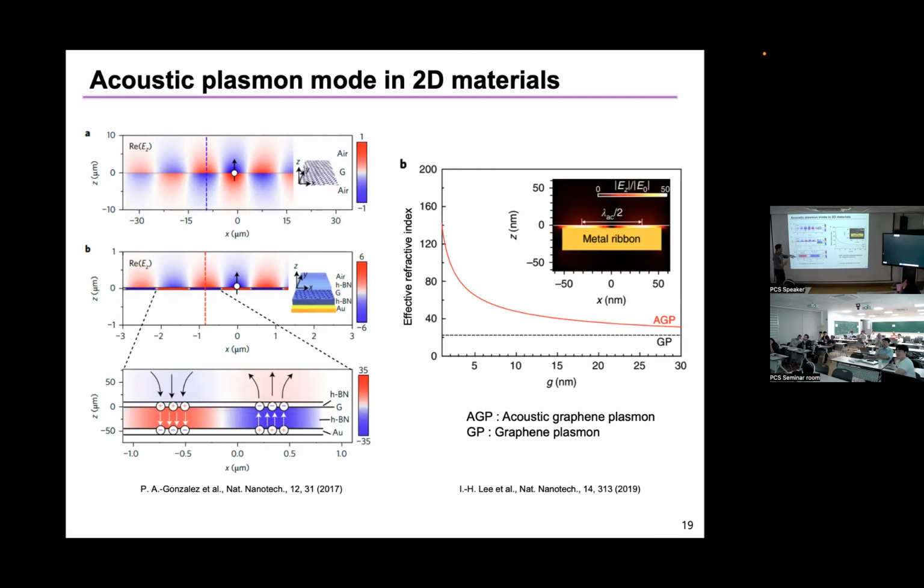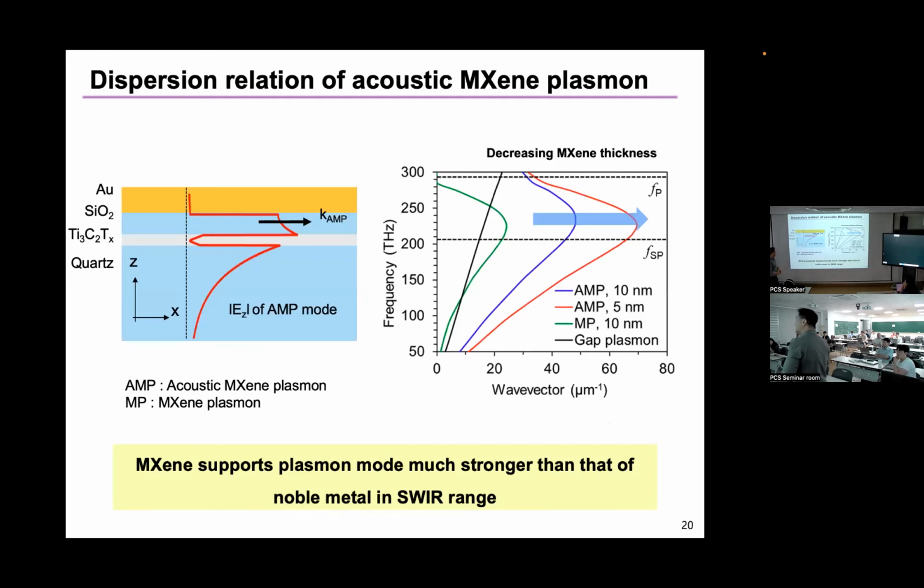So that means by going to the MXene structure with the gold layer, the field is more tightly confined than in the graphene plasmon structure. If we introduce this acoustic plasmon model to the MXene, we can also get very high field confinement of these plasmons.